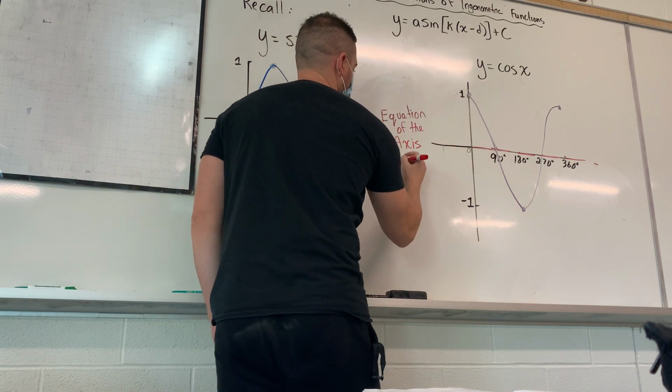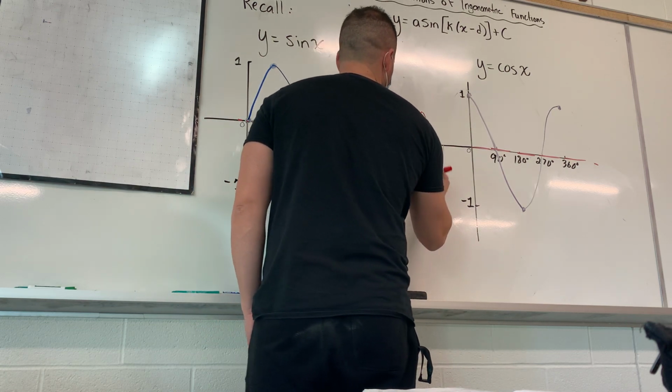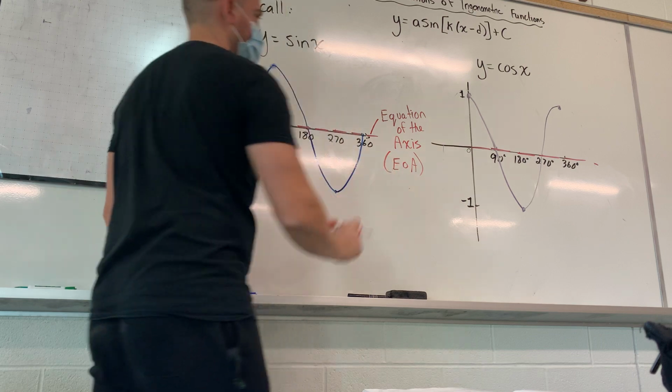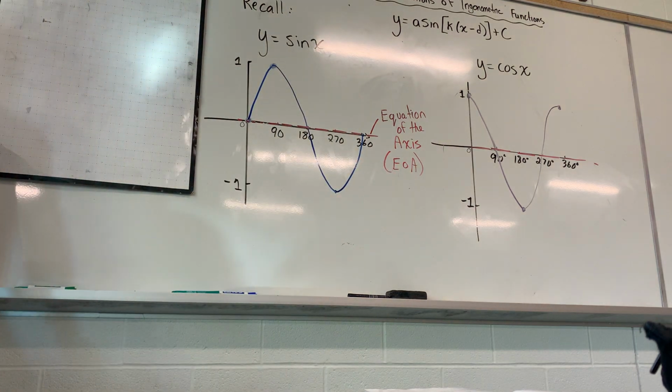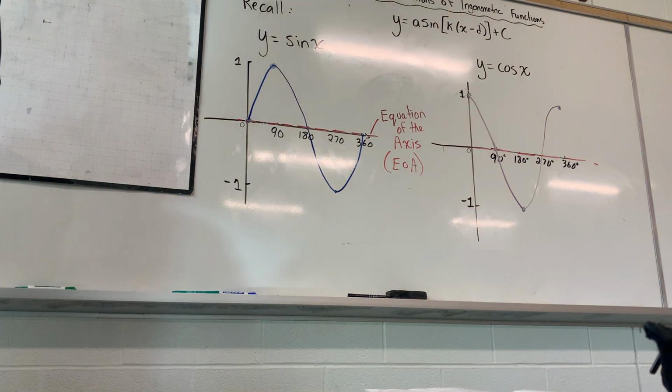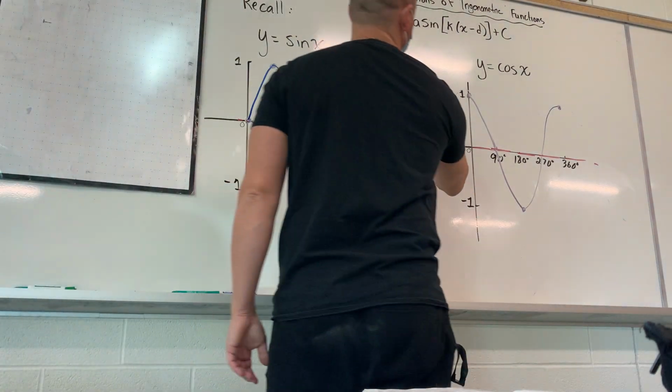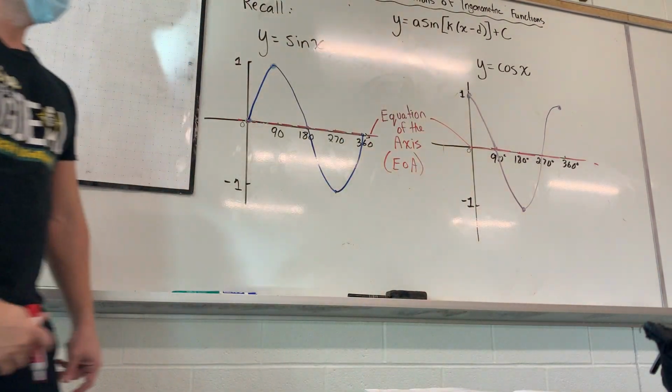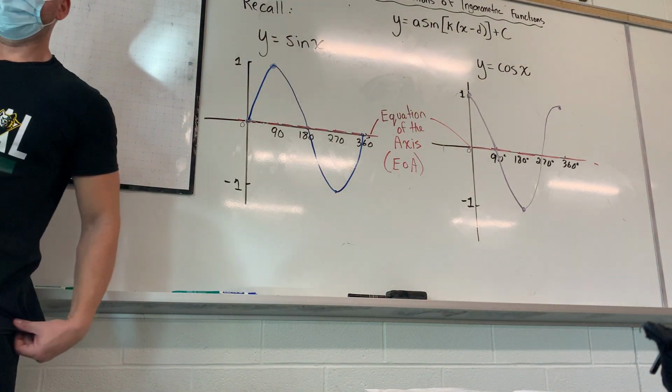In short form, I just write EOA, equation of the axis. And that's the middle line.